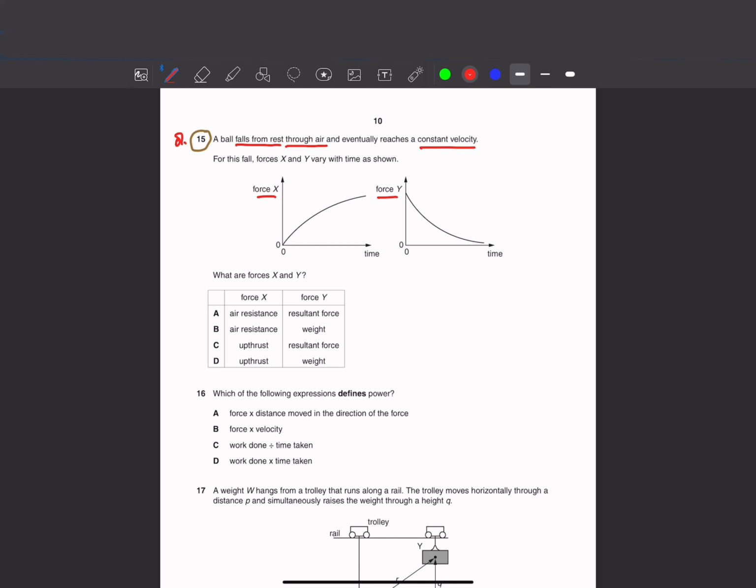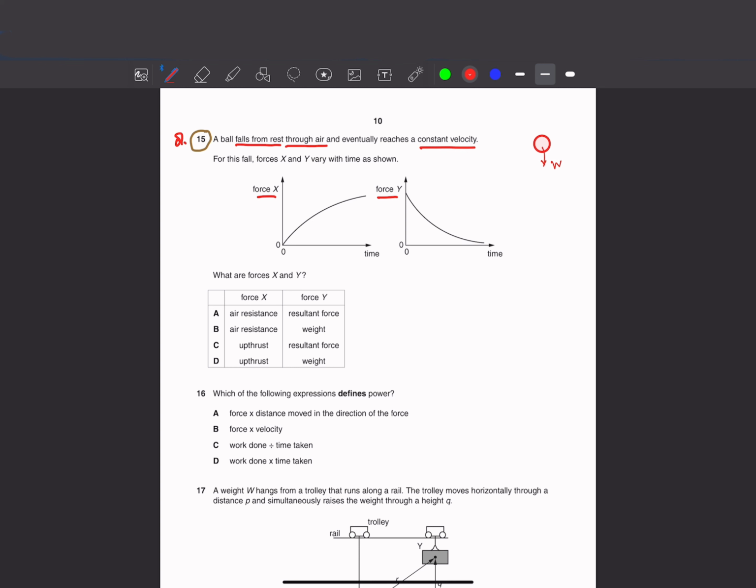So the simple thing is that when you recall the motion of a body through air, you can say that initially, suppose you have a ball, when the ball falls, it will have a downward force, which is W. But with the passage of time, what will happen?